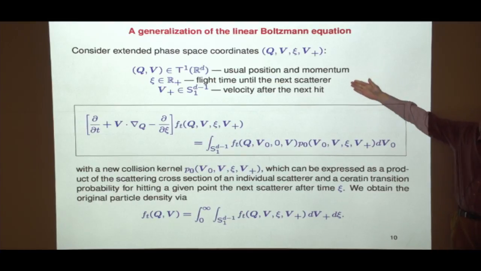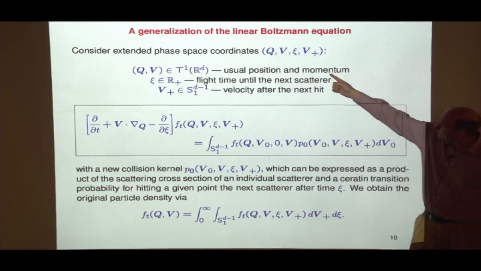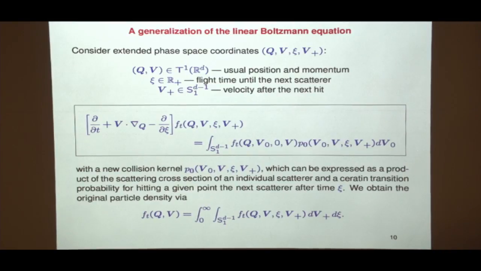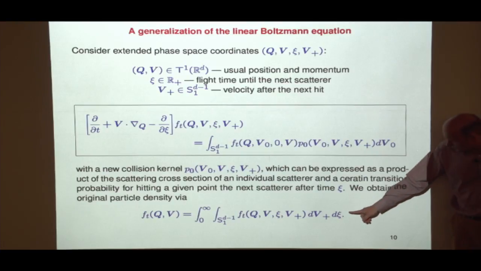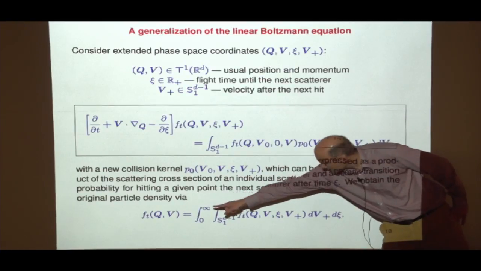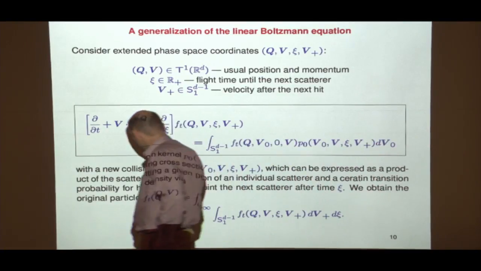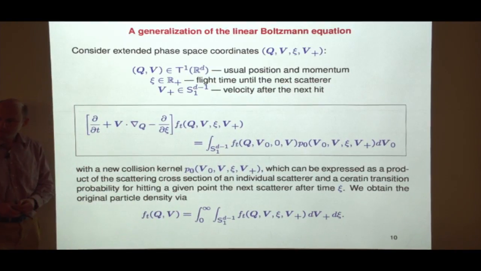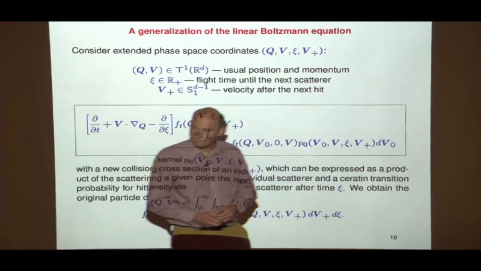However, as you go into the limit, these two variables become independent. That's what we can prove. And in fact, if you now keep track of a density in this extended phase space, you do get a linear transport equation that looks like this. And when you want to recover your original particle density, you just integrate out those two auxiliary variables.